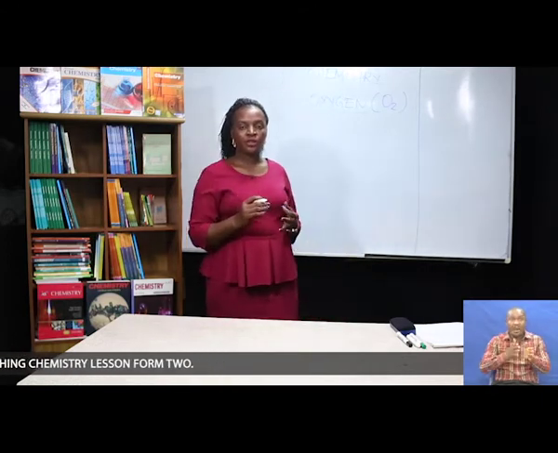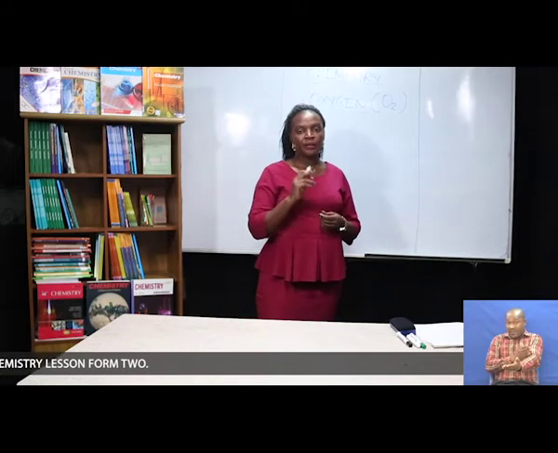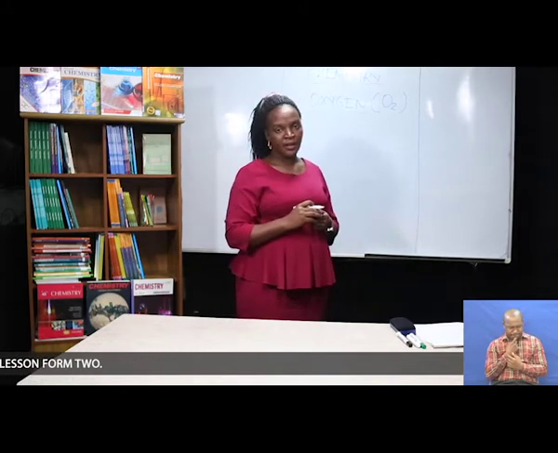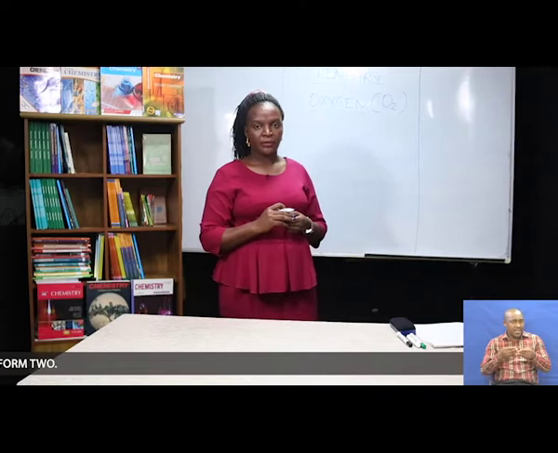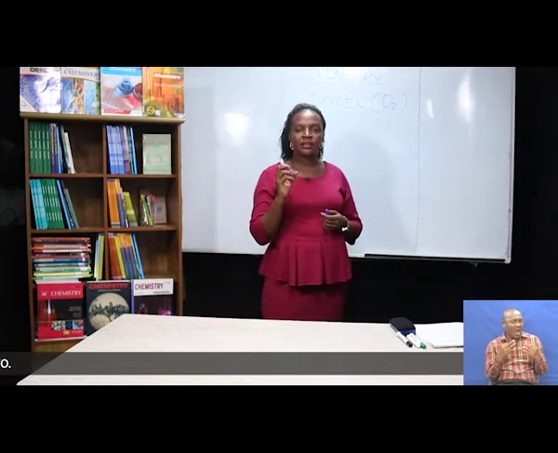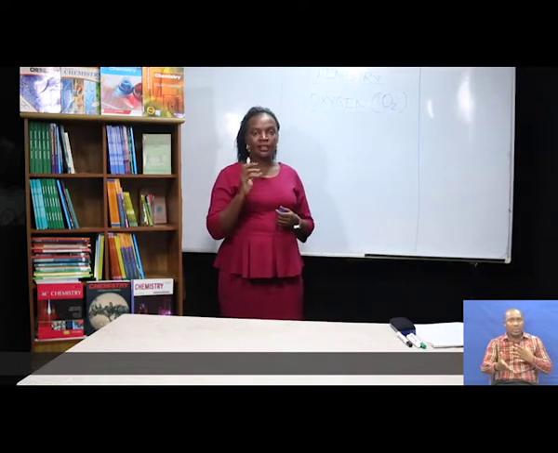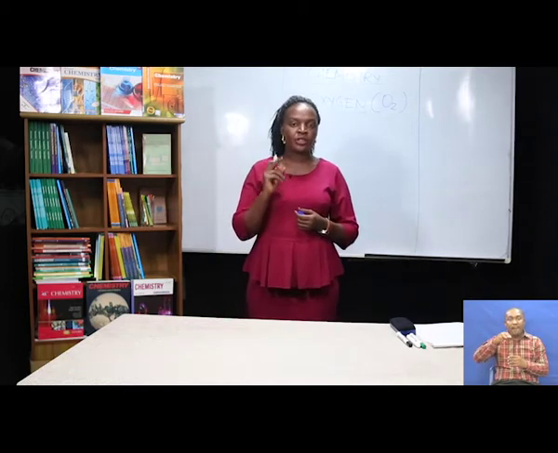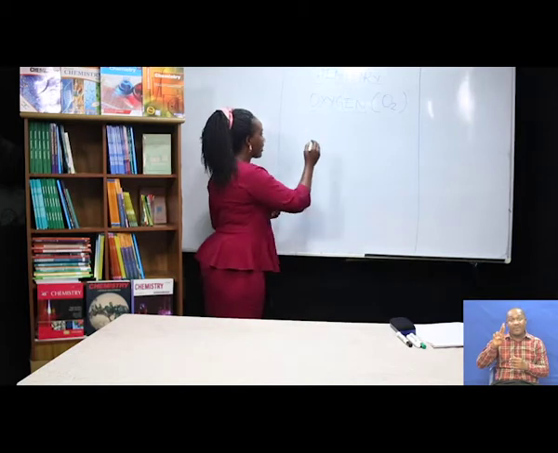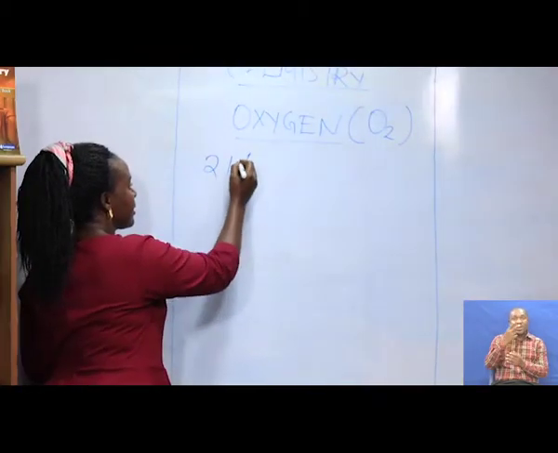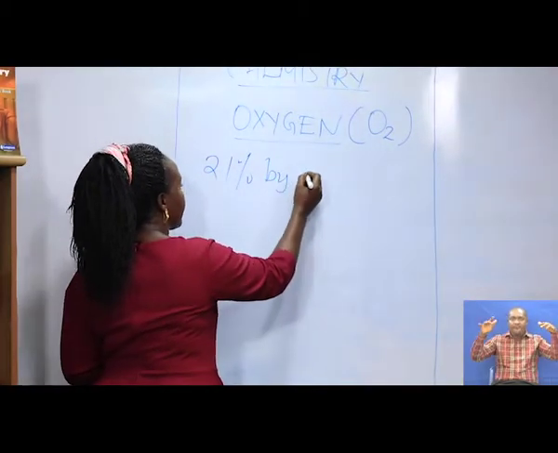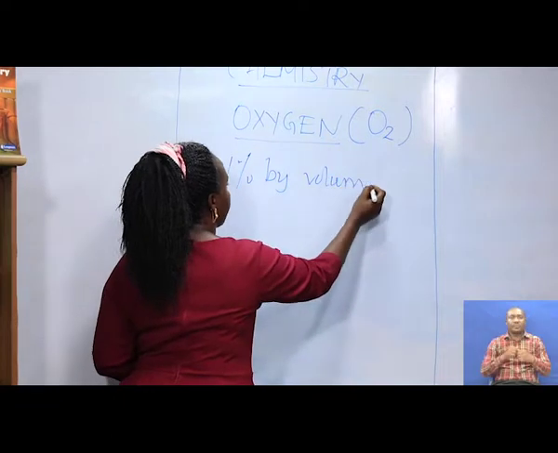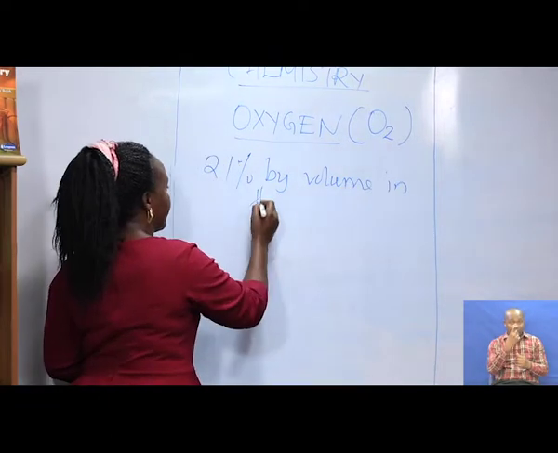Now, before we go to prepare oxygen in the laboratory, let us ask ourselves a simple question. How does it occur in the atmosphere? Oxygen covers 21% by volume in the air.